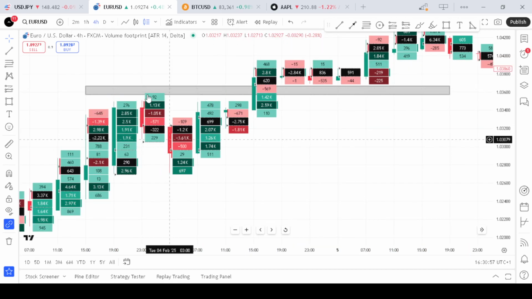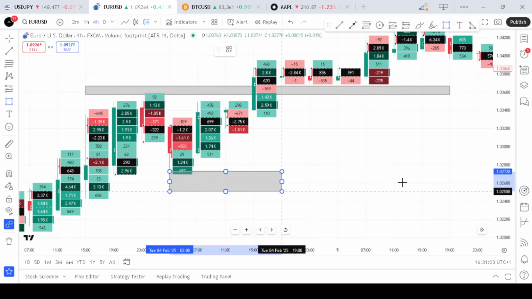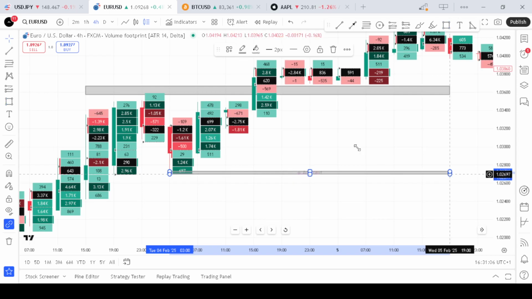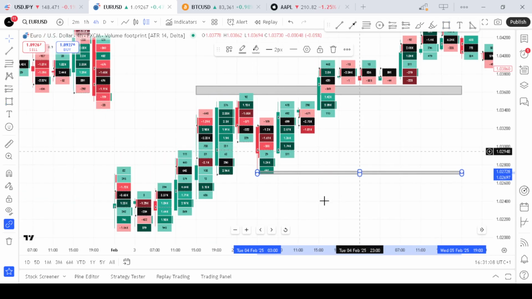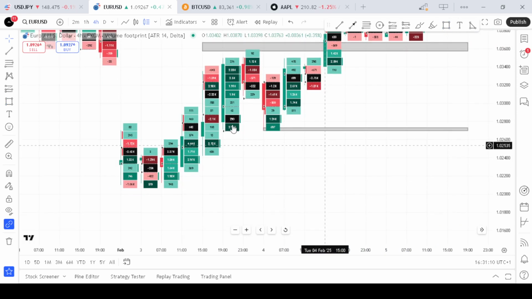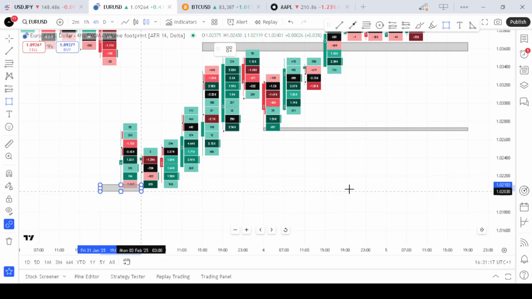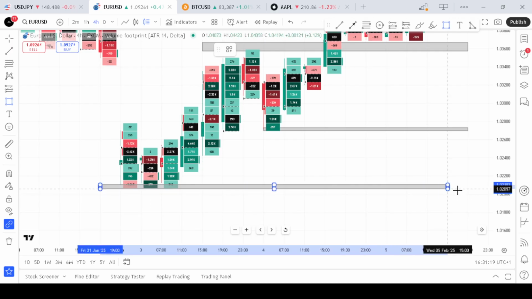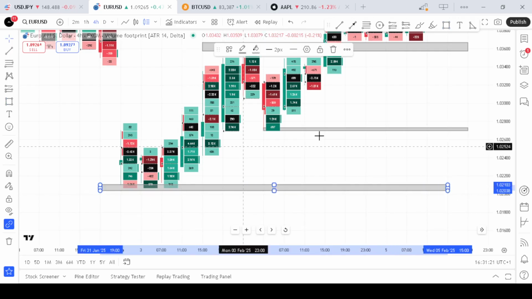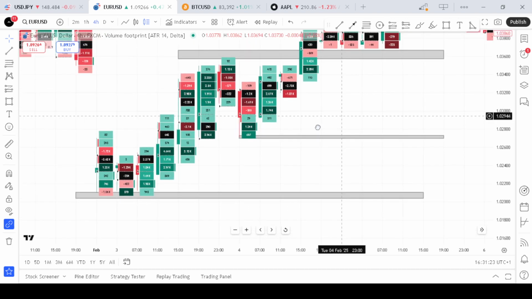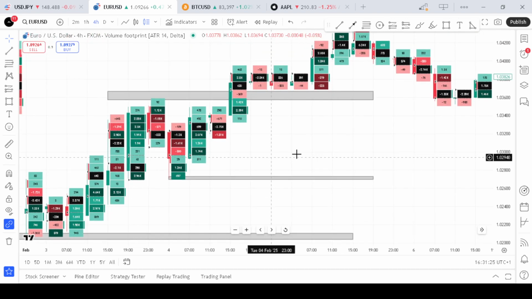So I can see that this is a major support and resistance area. This side is also a major resistance area in the chart. If we look closely, we would notice this other area too is a strong support area. So for our strategy, we'll be using these areas.